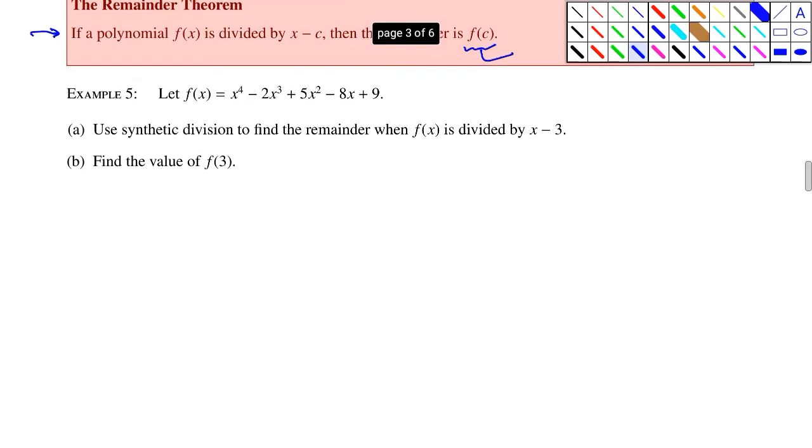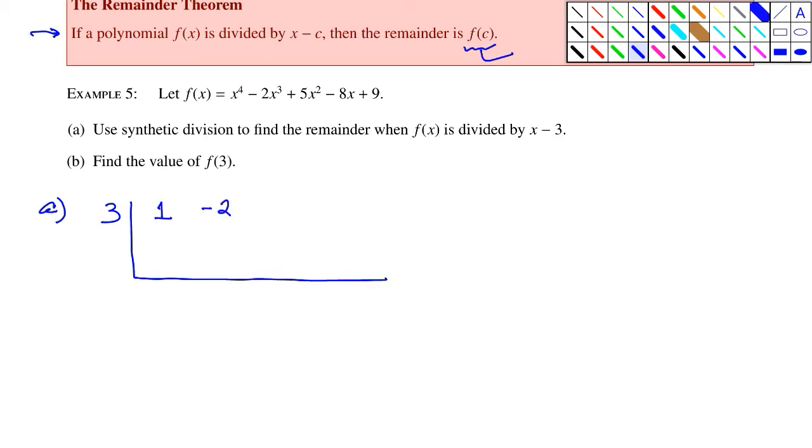So using synthetic division, we would have 3, and then we'll put down the coefficients, 1, negative 2, 5, negative 8, and 9. And then we'll do synthetic division. Bring down the 1. 3 times 1 is 3. Add. 3 minus 2 is 1.